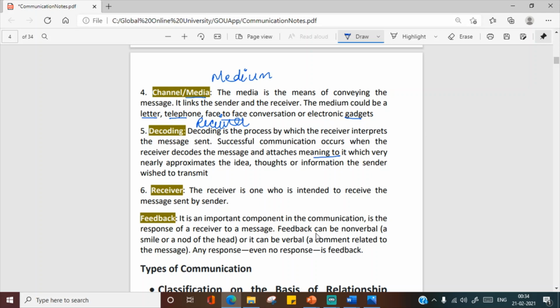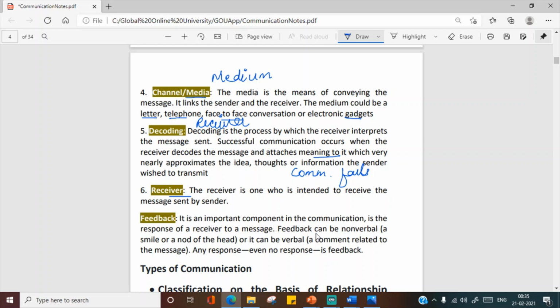See, if the teacher is trying to teach you something and you are not able to understand, then the communication fails. The communication is only successful when decoding is properly happening at the receiver end. Whatever the message is, if the receiver gets it in the manner that the sender is saying, then the communication will be successful.